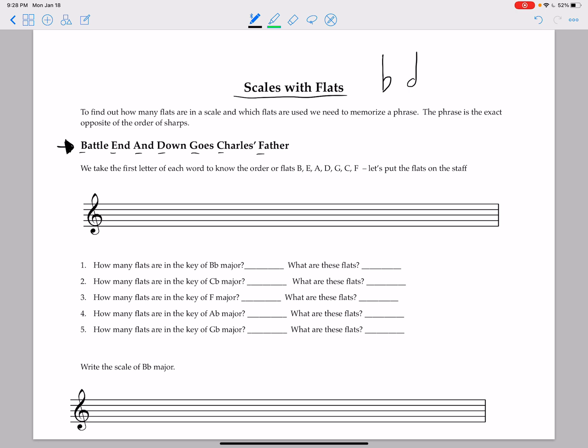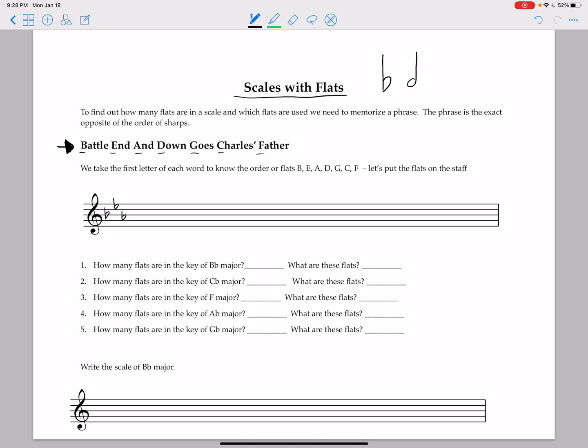So our first flat is B for battle. So we write that down here. And if you'll notice, that half a heart thing goes right through the B line, and that's what we want. That's how you know that your flat's in the right spot. Our next one is an E, which means the half the heart stays in the space there. Our next one is an A, so we put that down there.